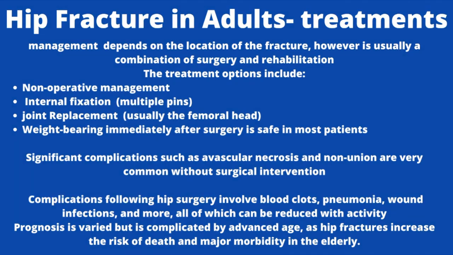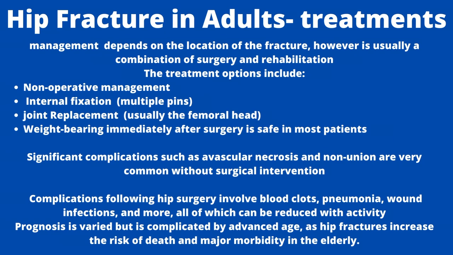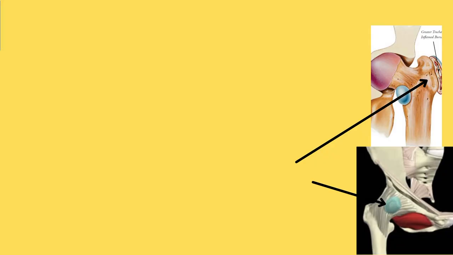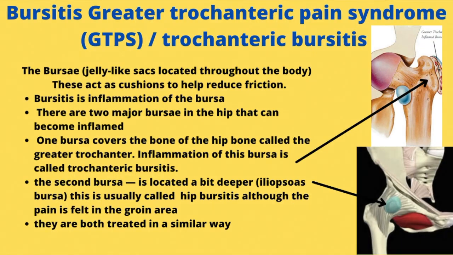The treatments vary according to where the fracture is and whether there is a dislocation, but there can be non-operative management if the person is healthy and can recover on their own, as well as internal fixation or a joint replacement.